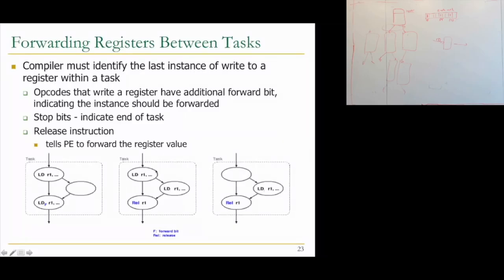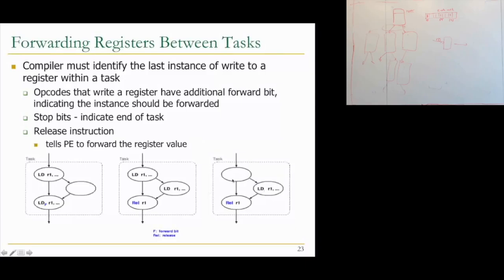Once potential values are produced, you know which value of R1 actually needs to be forwarded, and then you can just have a release instruction. The compiler inserts that release instruction such that R1 is released. The purpose of the release instruction is that when it is executed, that register is sent on the ring to the next processor. That's the idea. And a release instruction is needed in this case also, because if you go this path, R1 is not overwritten, but an old value of R1 needs to be forwarded.